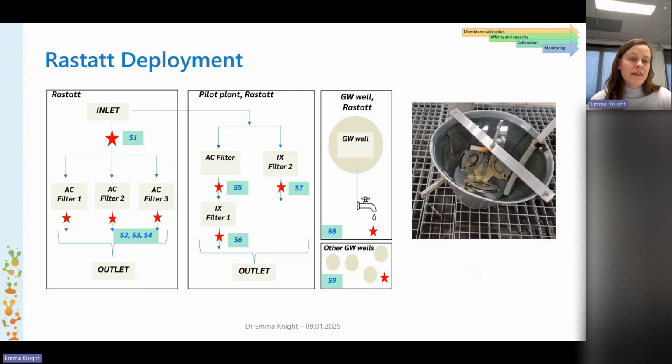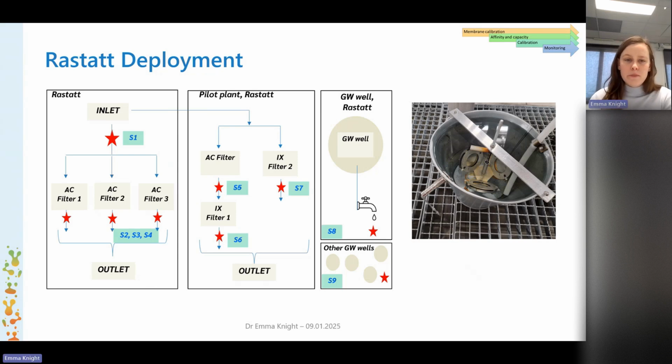At Rastatt, this is a schematic of the treatment steps that we measured. Rastatt has historical PFAS contamination in groundwater because of agriculturally applied paper sludge. We measured at the inlet and after 3 of the activated carbon filters, where the red stars indicate where we sampled, or where we hope to have sampled.